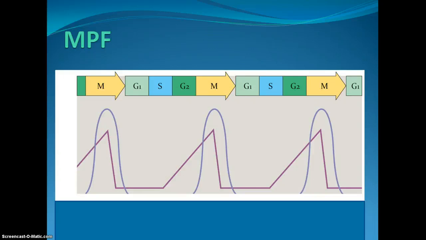The MPF is an internal signal that builds up enough kinases that will work on the cell. It would cause things such as breaking the nucleus and working on microtubules, pushing the cell into the mitotic phase to produce two daughter cells.